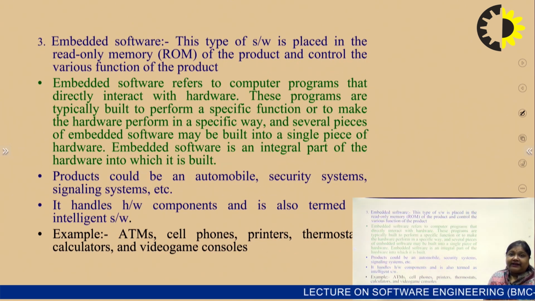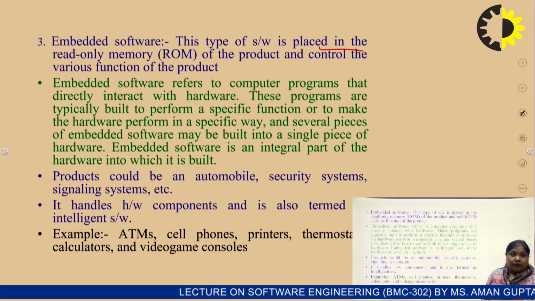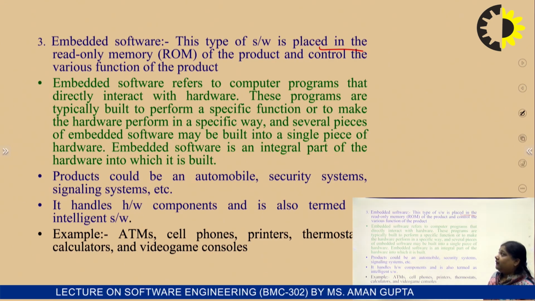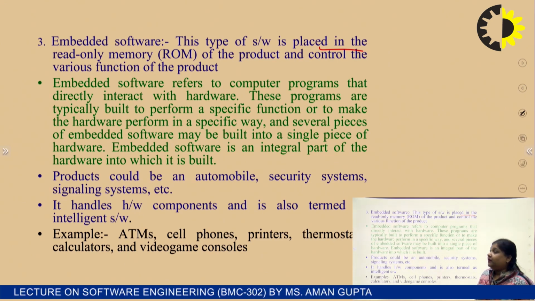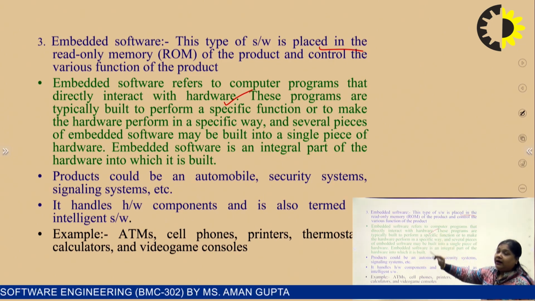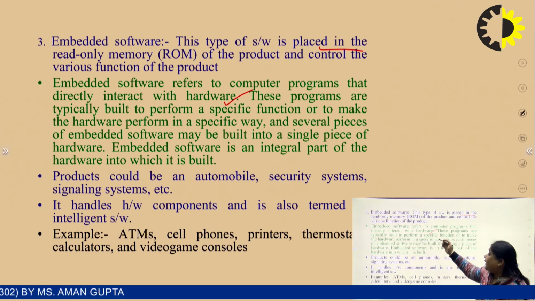Now the next category is embedded software. This type of software is placed in the read-only memory of the product and controls the various functions of the product. It refers to computer programs that directly interact with the hardware, implemented according to the specification of the hardware.